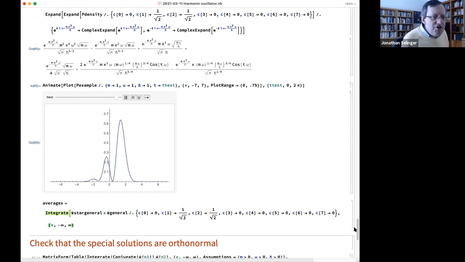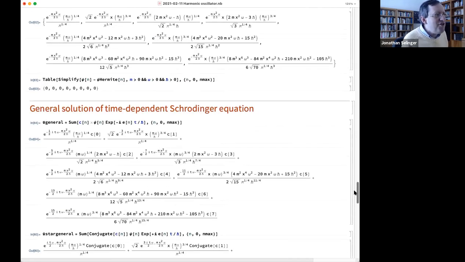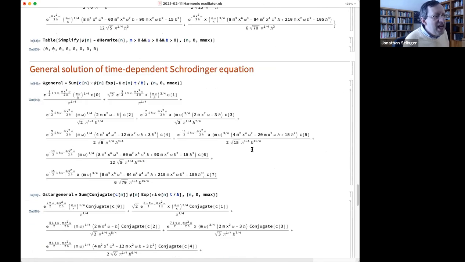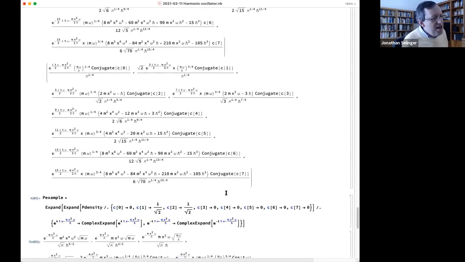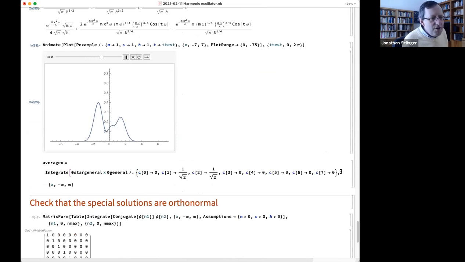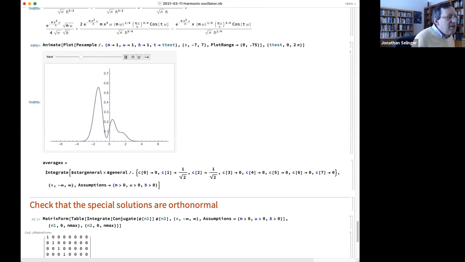And in order to do this integral, I have to put in a whole bunch of assumptions about what's positive, like this. If I didn't have these assumptions, then the software wouldn't know whether the exponential is decreasing or increasing at large x. Is this going to work? Maybe, I hope.